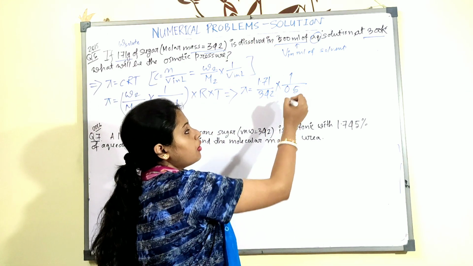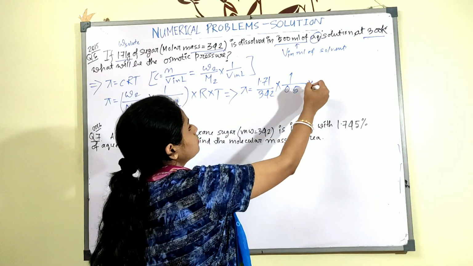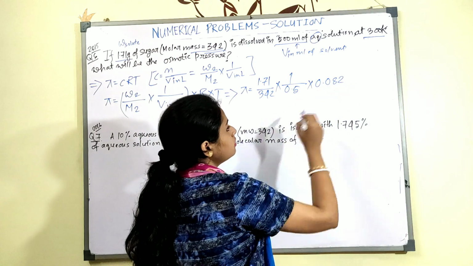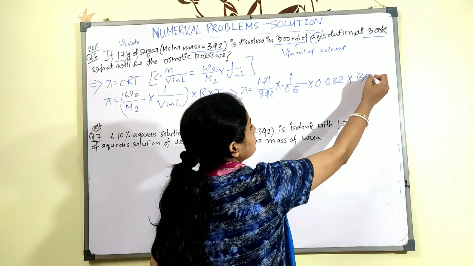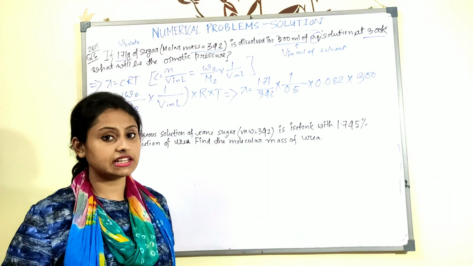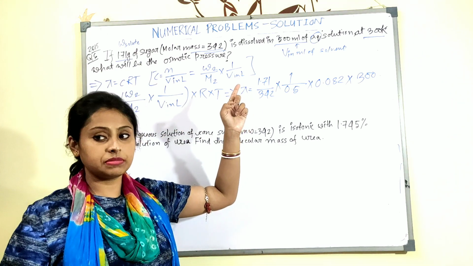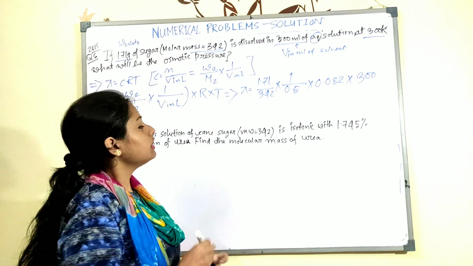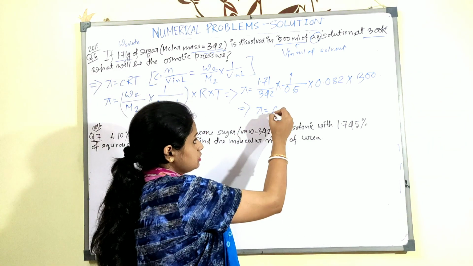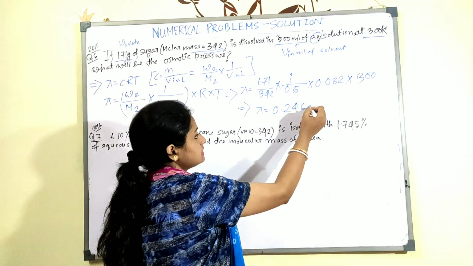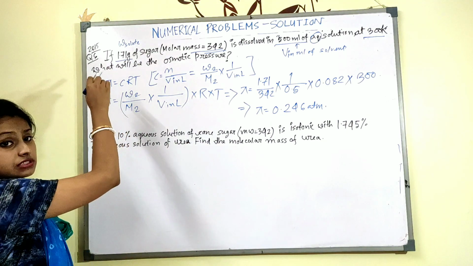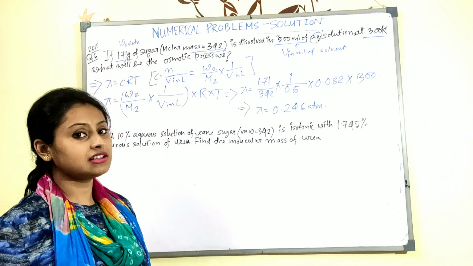So the volume will be 0.5 liter, into R. We have already learned it will be 0.082 in liter atm unit, and temperature is given, 300 Kelvin. Suppose if the temperature is given in degree Celsius, we need to convert the temperature to Kelvin first. So let us calculate, and hence the pi will come to 0.246 atm. Extremely easy one. And see, this problem came in 2015, so it is easy enough to gain marks in the exam.